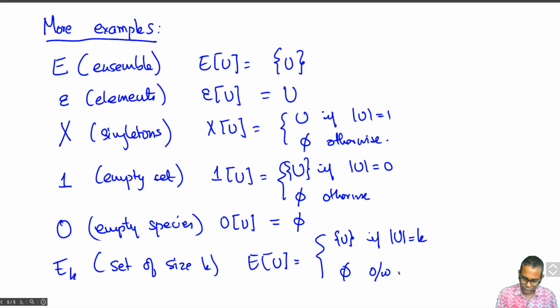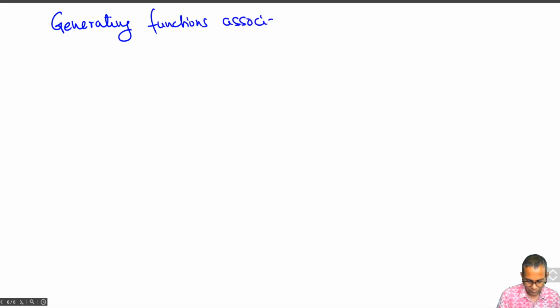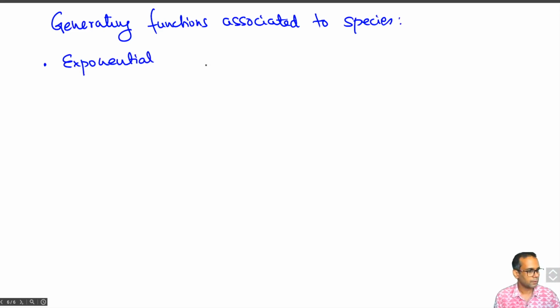Now let me define the basic generating functions that are associated to species. So the first is the exponential generating function of a species. We'll call it the exponential generating series.